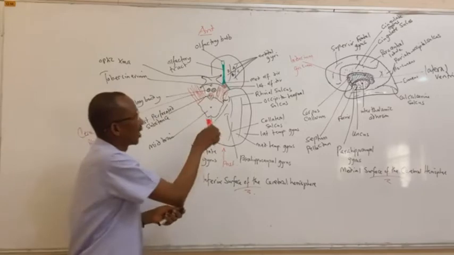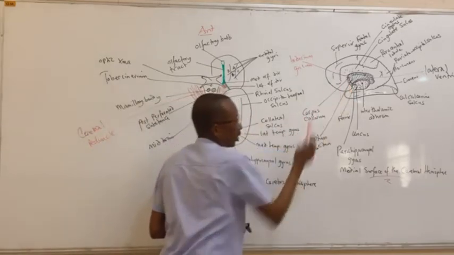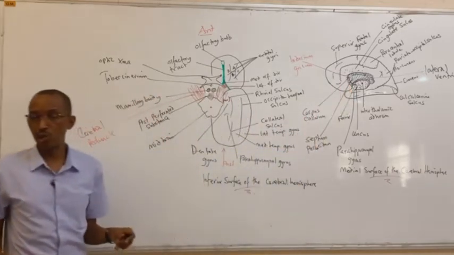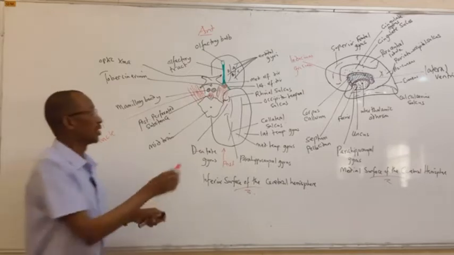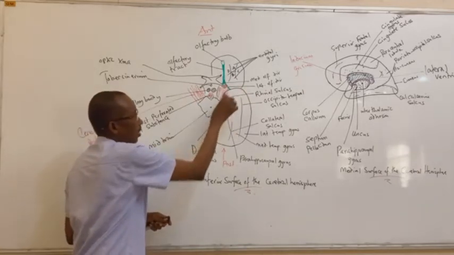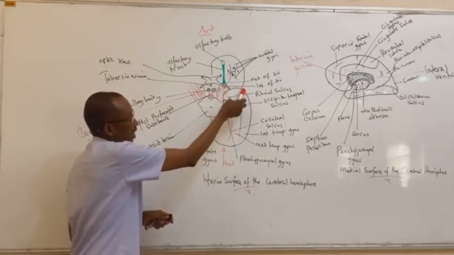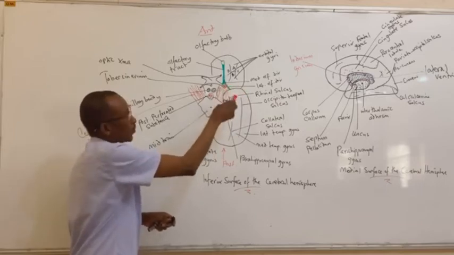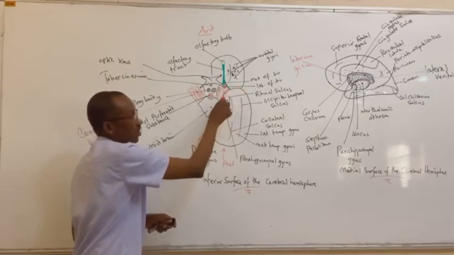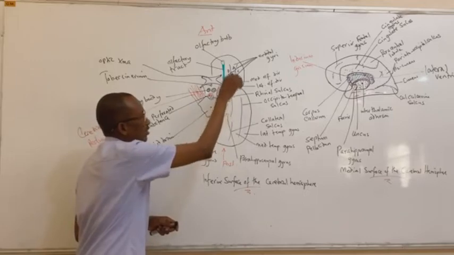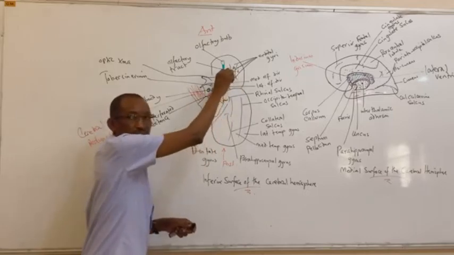If you remember how I discussed it, the lateral sulcus or lateral fissure of Sylvius, here is the same fissure that curves across.